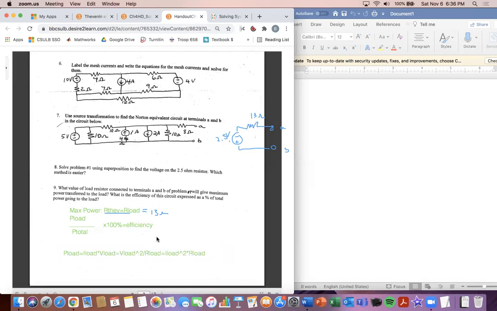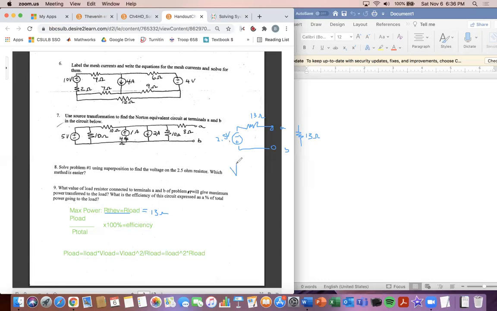So you can write the power equation three different ways to find the P load. And what we know here from our Thevenin equivalent is the resistance of the load. And if we wanted to determine the voltage drop across the load, or the current going through the load resistor, we can find that using, if you guys recall from class 1, if we have a resistor right here hooked to terminals A, B, and we want to find the current or the voltage drop across it, remember, if we had the voltage from the source, this is going to be voltage division.